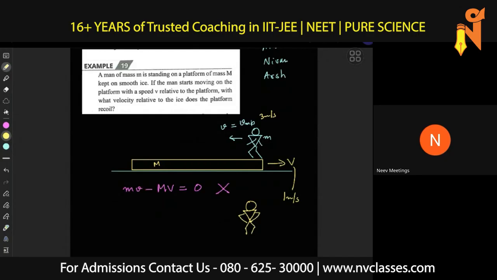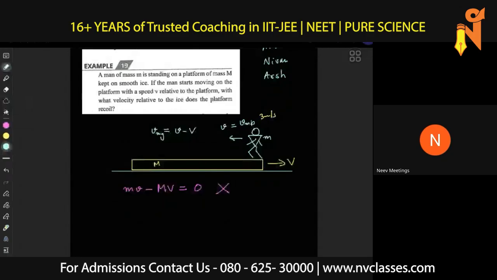The man going with 2 meters per second, right? You'll think of some numbers and then make an equation which convinces you. So the velocity of the man with respect to ground must be small v minus capital V, right?